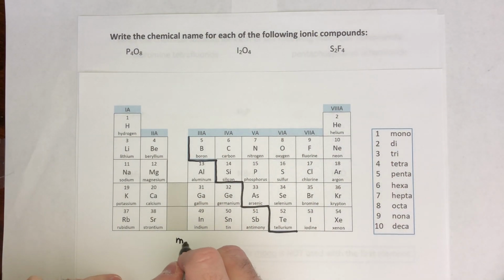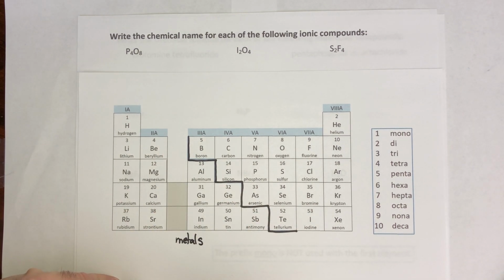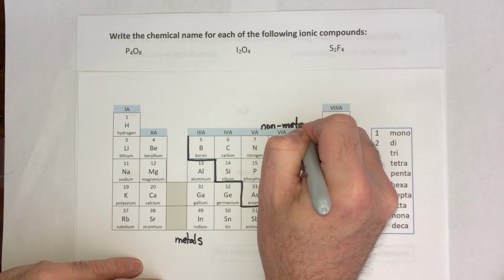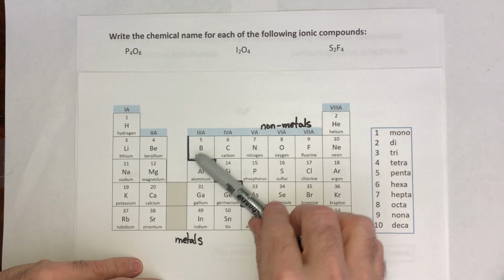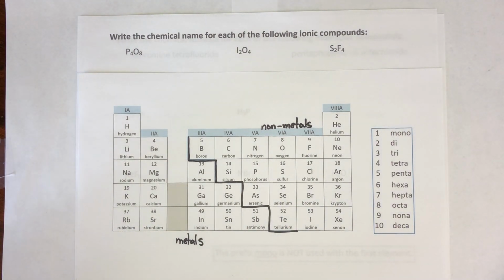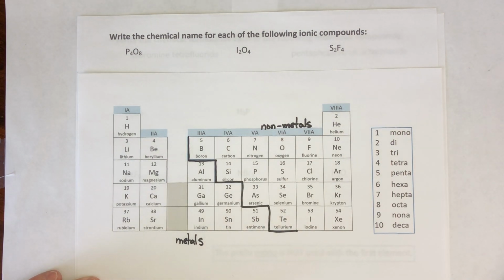So these over here are my metals. I'm not going to be using any of these in this video because we're talking molecules. These over here are your nonmetals, everything on this side of the staircase. So when I write about these molecules and I name them and I write the formulas, everything is going to come from this side of my periodic table.